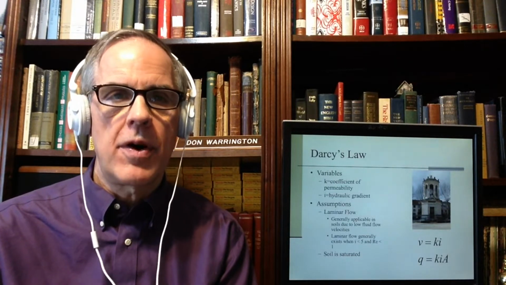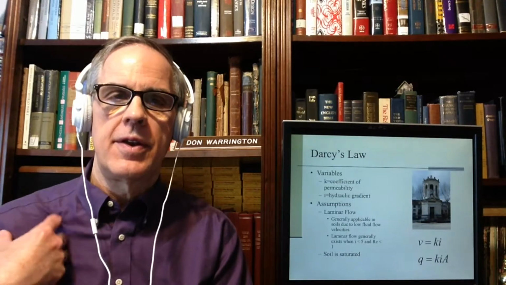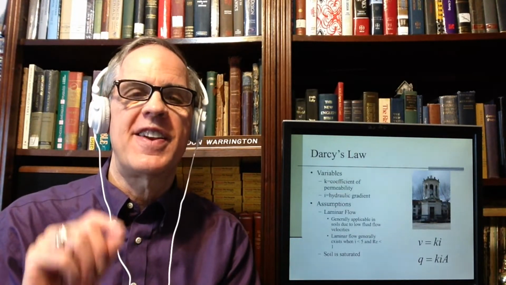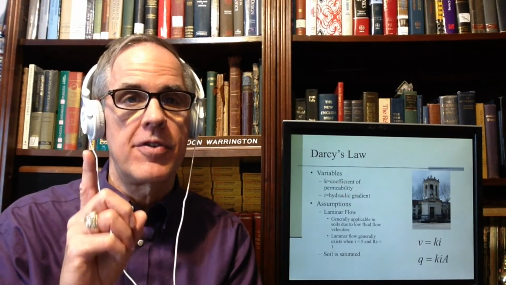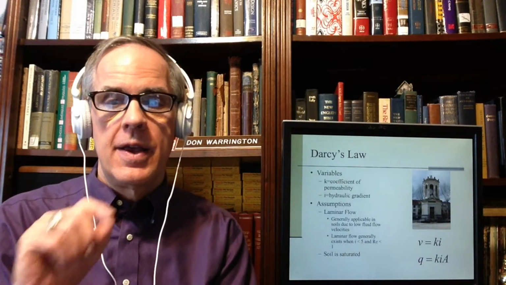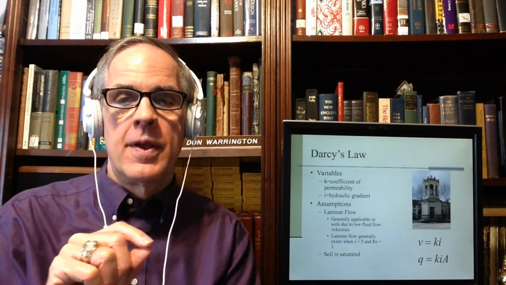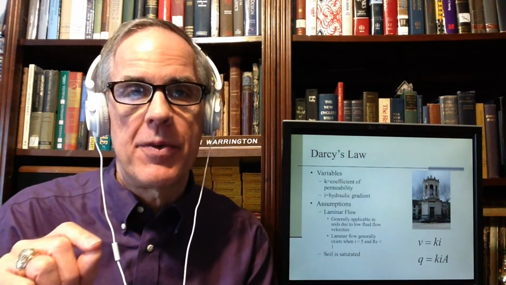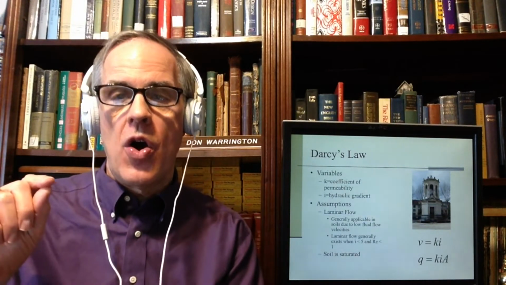And basically what he said was that the water flow through a soil, or the specific discharge, now we're going to use it, which is Q over A, is equal to the coefficient of permeability, K, times the hydraulic gradient, i.